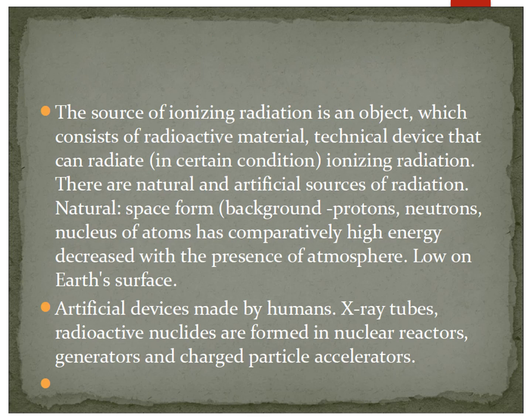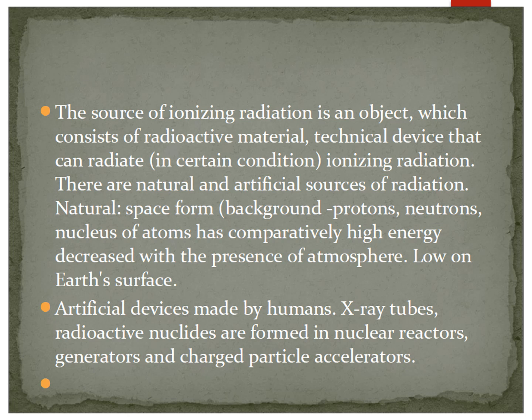The source of ionizing radiation is an object which consists of radioactive material, or a technical device that can radiate ionizing radiation. There are natural and artificial sources of radiation. First, the natural sources: space form.